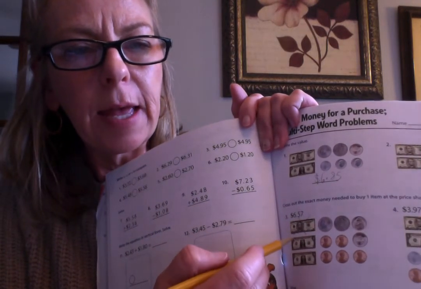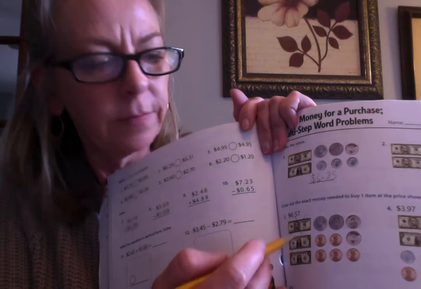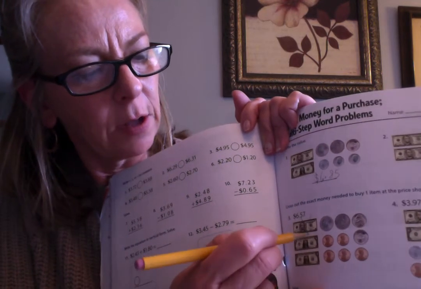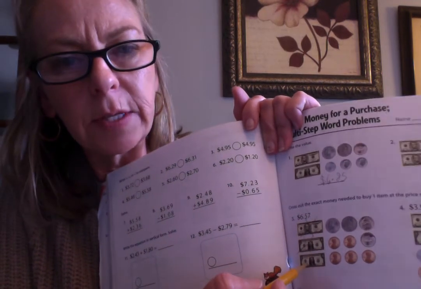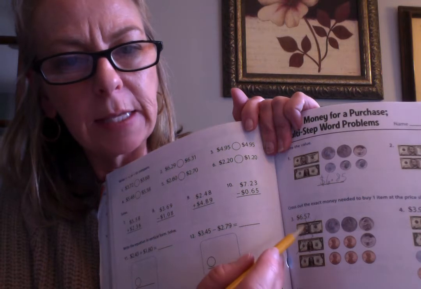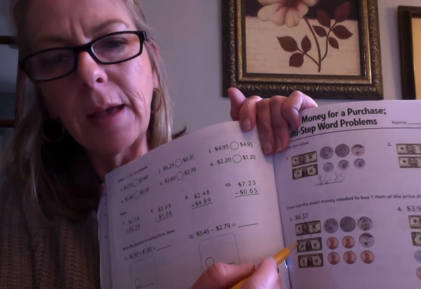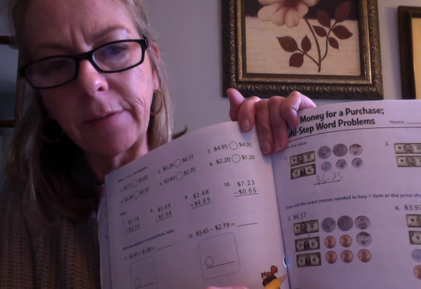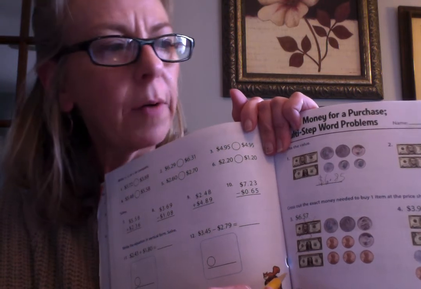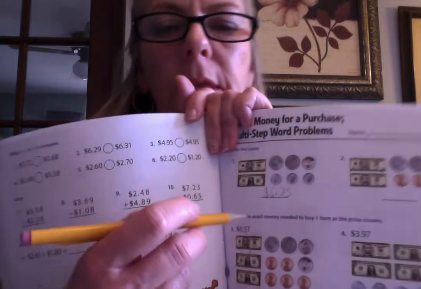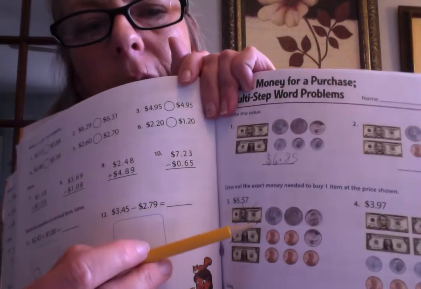And then should I use another one? Yeah, because we want $6. Do I need to do anything with this one? No, because I need to make $6. So I have my 5 and a 1. That makes my $6, and the other is just leftovers. And then we have to figure out 57 cents.